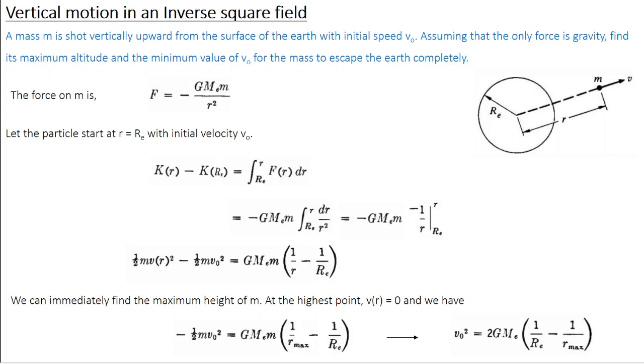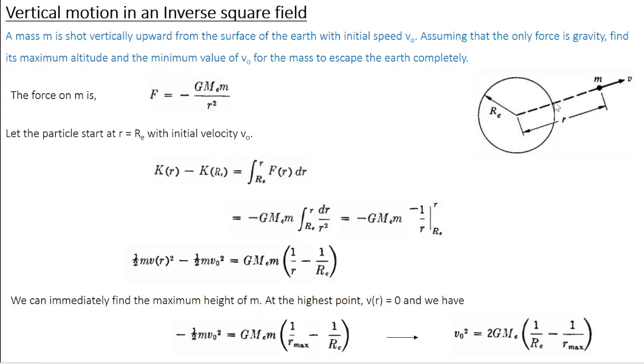If the velocity is above escape velocity, then it can escape the gravitational field of Earth completely. Okay, so we are asked to find out these two parameters. We know that the gravitational force at a distance r from the center of Earth is given by minus G Me m by r square, where Me is the mass of Earth.